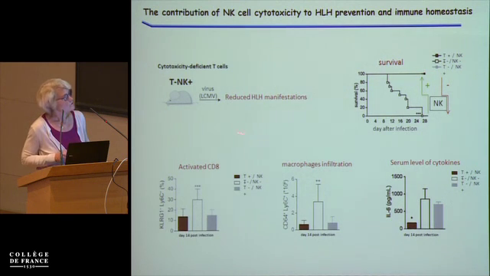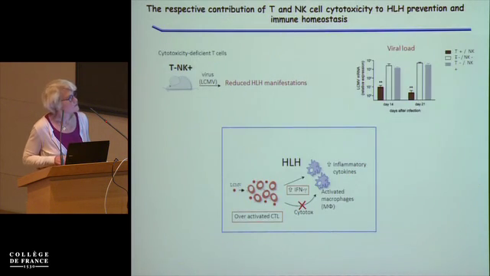Interestingly, this reduction in severity was independent of viral load and viral clearance, since similar viral load was observed in fully cytotoxicity-deficient mice and in mice with cytotoxic deficiency restricted to T cells.